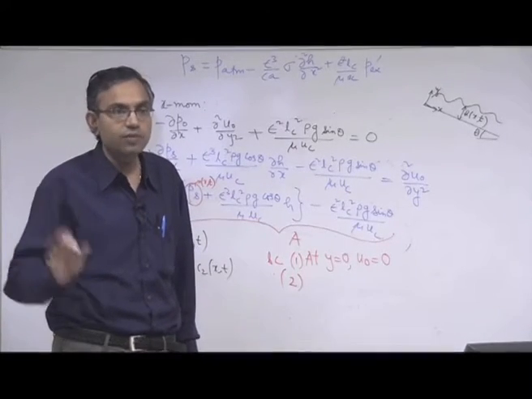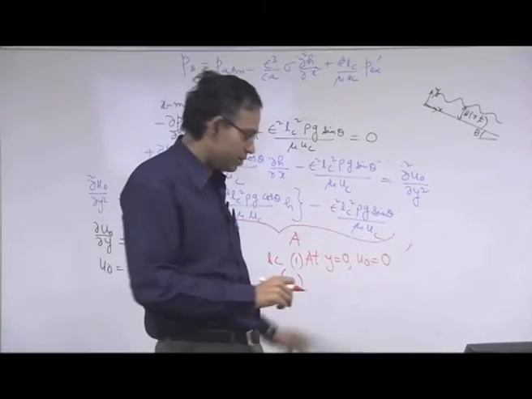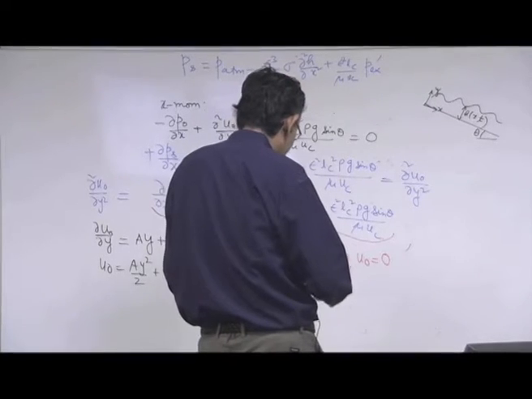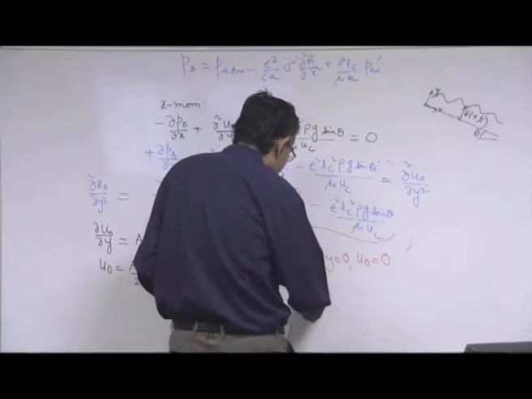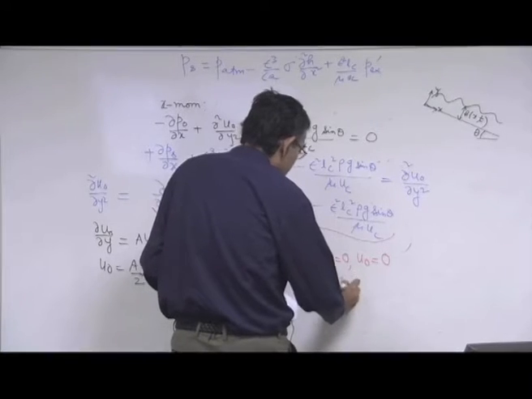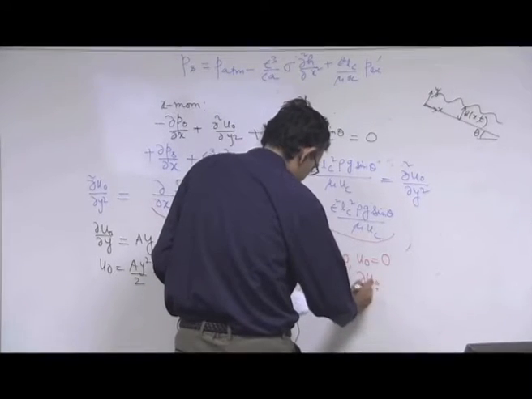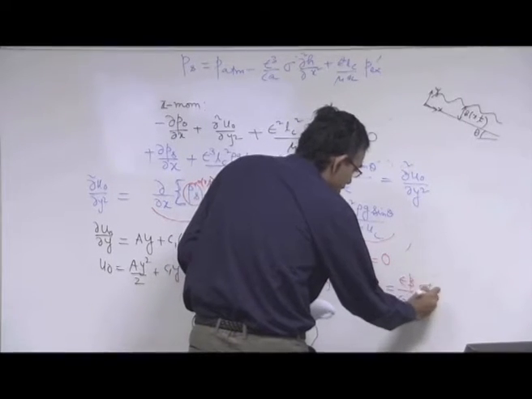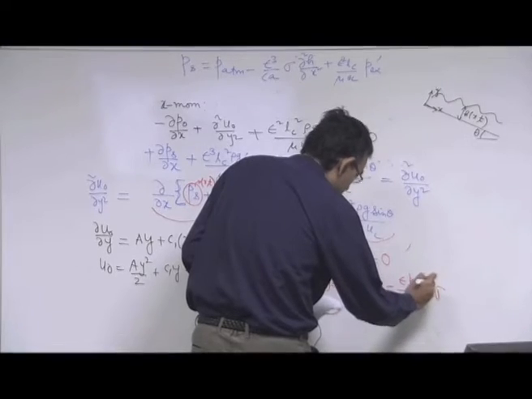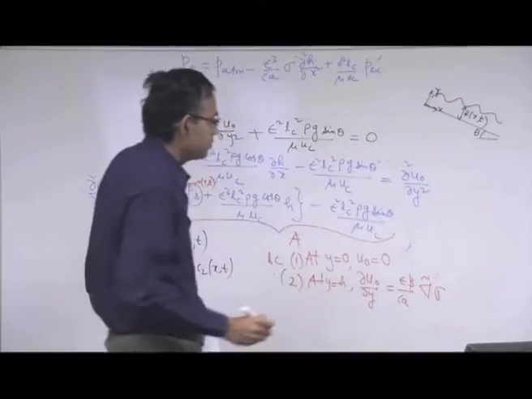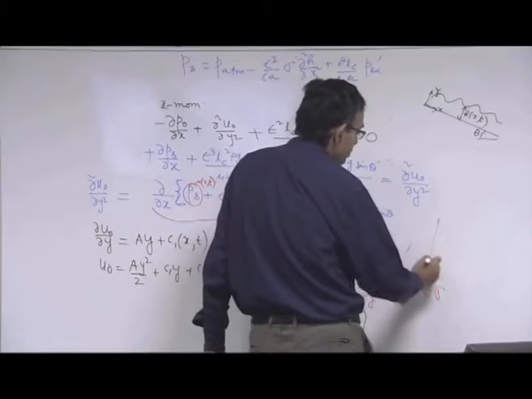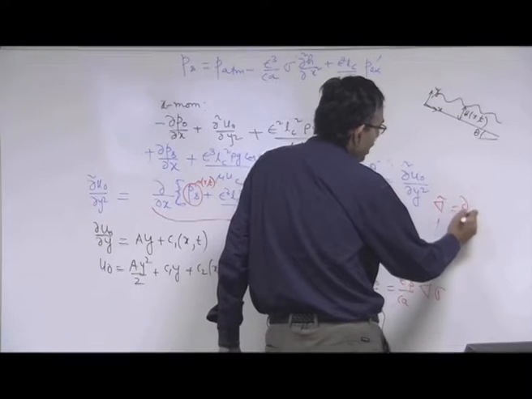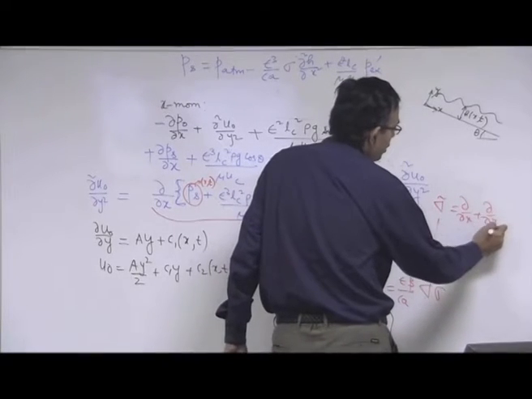So tangential force balance, what it gives, we have worked out that, but just at y equal to h, del u0 del y is equal to epsilon beta by capillary number surface gradient of sigma. What is this del tilde? If you recall, this is del del x plus del del y into del h del x.